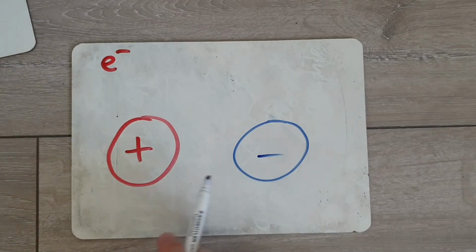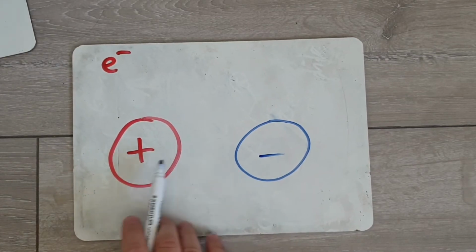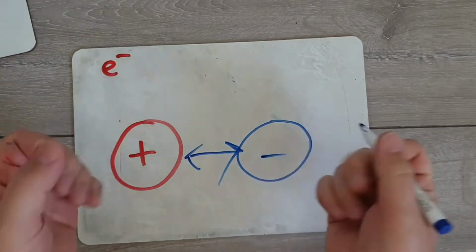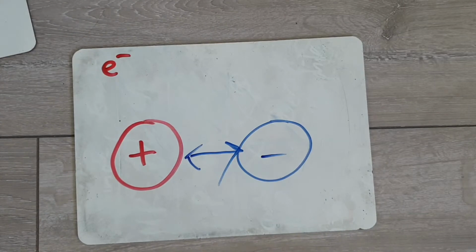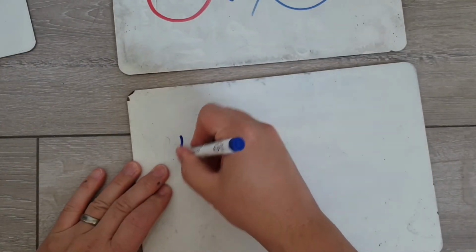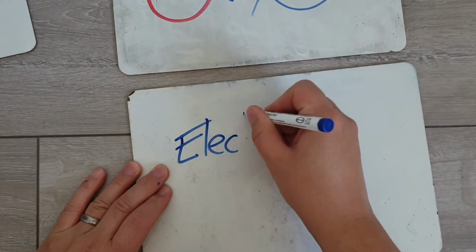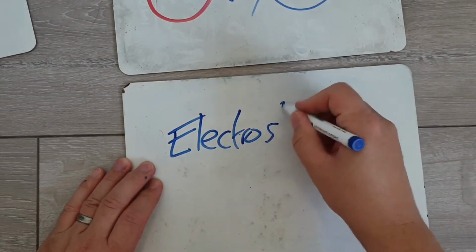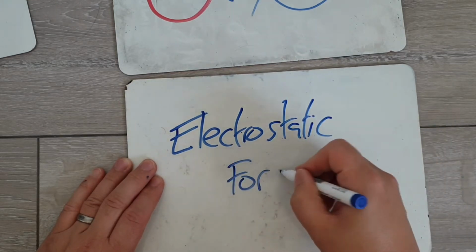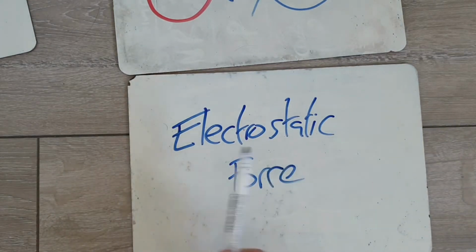And then the positive and negative ions, because they are oppositely charged, they are attracted to each other. And that force has a name that is called electrostatic force.